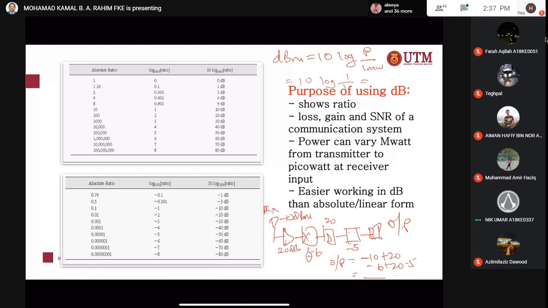Log 1 is equal to 0, so you have 0. The same thing if you have a power equal to 5 watt. In dBm it is equal to what? 10 log 5 over 1 milliwatt.